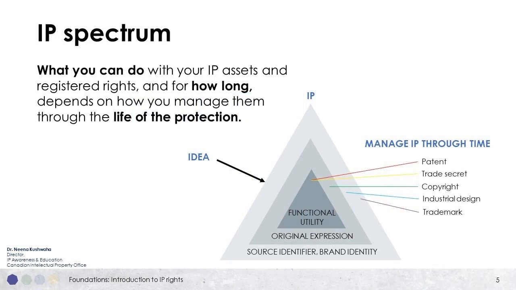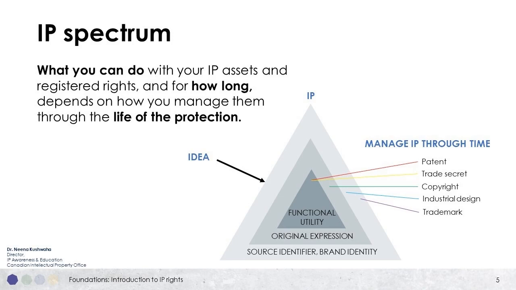Here's a visual that demonstrates how most companies use IP. Most companies are based on some sort of unique offering, so a product or service or a way of doing something, which is their core business. This can be protected by a patent or a trade secret, for example. Then there are a range of descriptions to describe this unique offering.